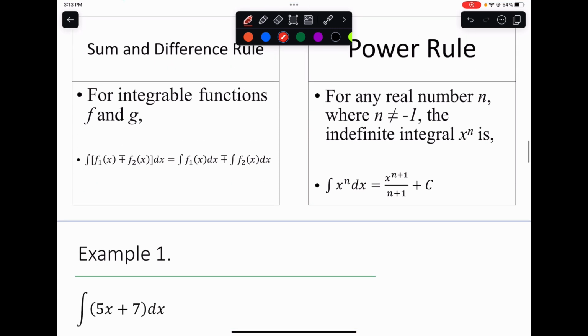An example of that: let's say we are given the integral of 5x squared plus 2x minus 1 dx.